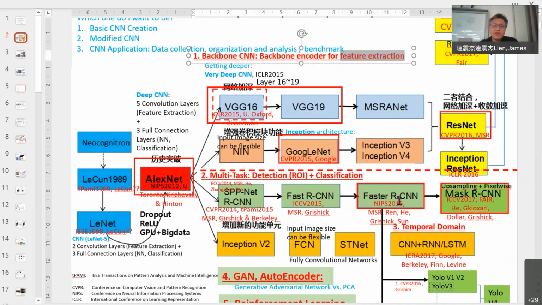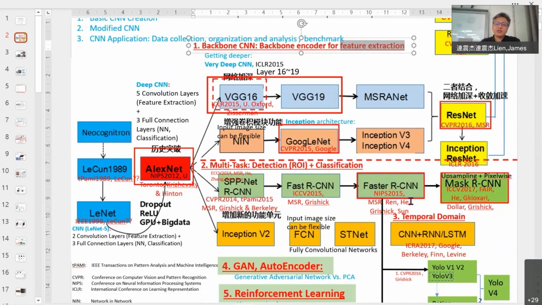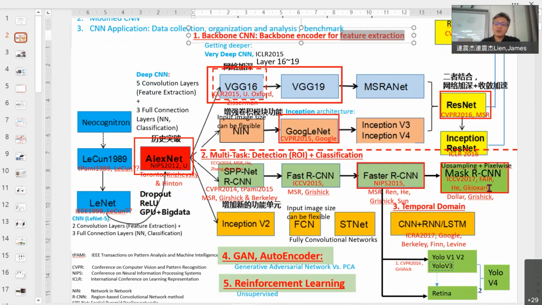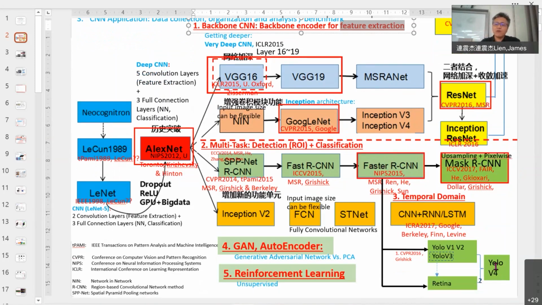Okay. So in these two lectures today and 2 weeks later, we will talk about Faster RCNN, Mask RCNN, and then talk about YOLO V4. Before we talk about YOLO V4, I will introduce Faster, because this relies on Faster RCNN and Mask RCNN.